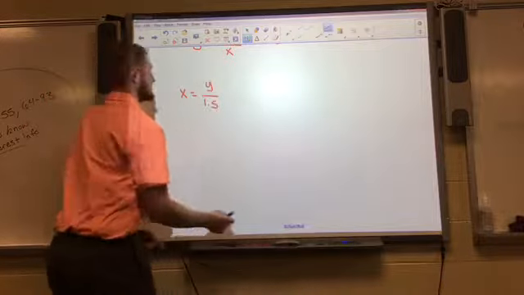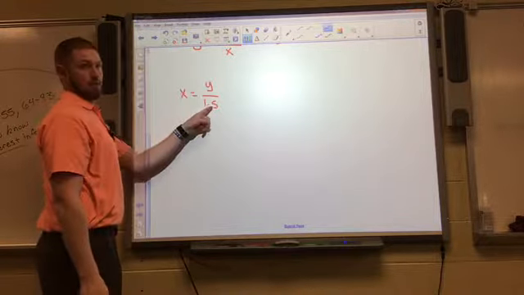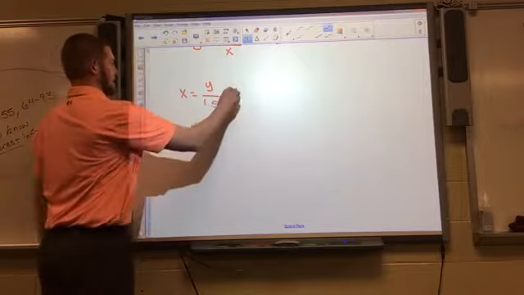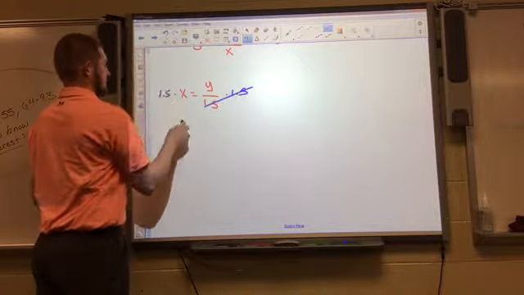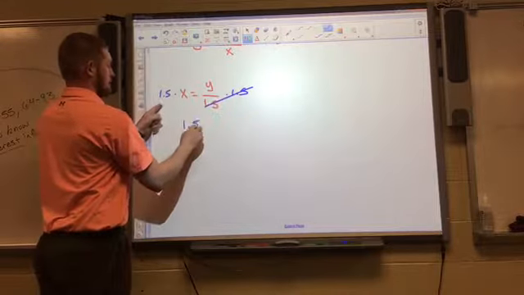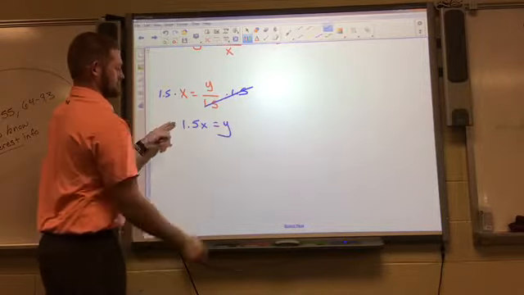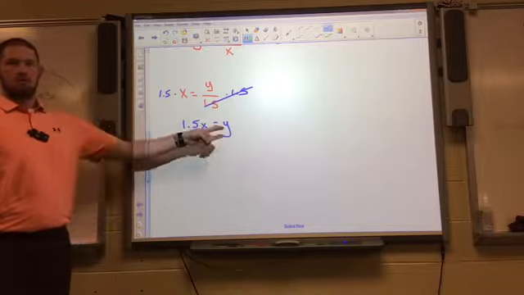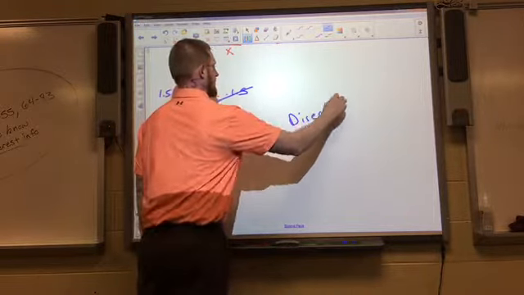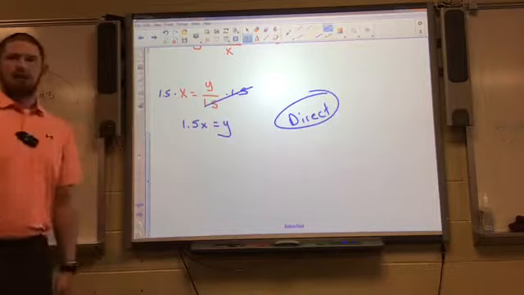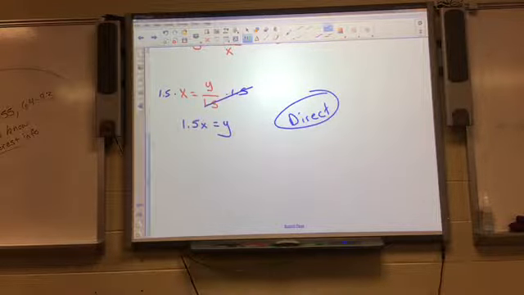But what I would do is I'd say, right now I'm dividing by 1.5. So to get rid of that, I need to multiply by 1.5. So I actually have 1.5x equals y, which is direct. So is it possible that at first glance it does not look like it has any variation, but you can simplify it or rearrange it, and it does? So just be aware of that.